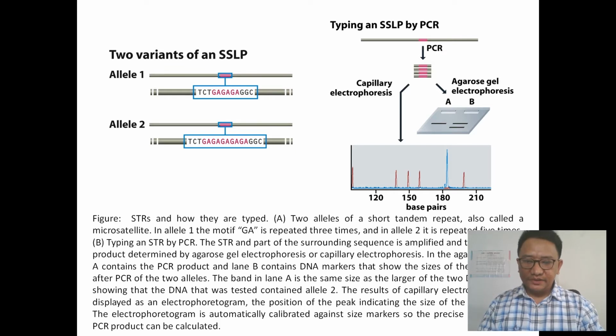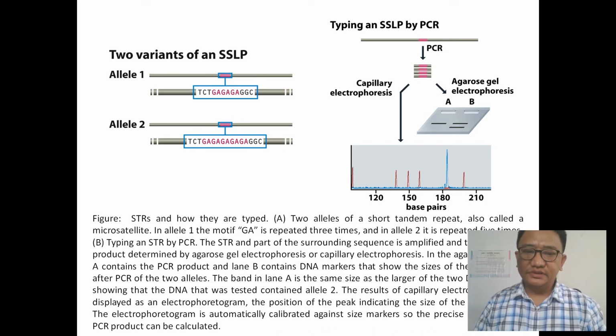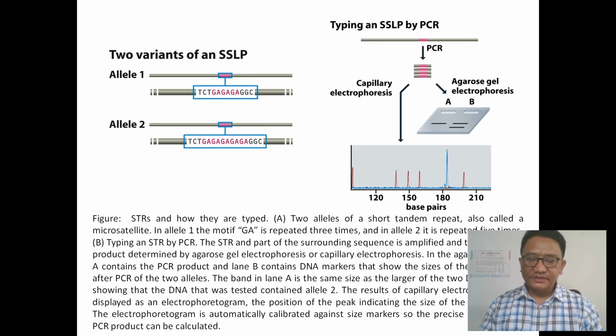All the amplification products can be run on agarose gel electrophoresis. Depending upon the number of repeats, the bands can be seen in the gel. The picture on the right shows the agarose gel electrophoresis as an example, with lane A and lane B, where the difference in size is shown.